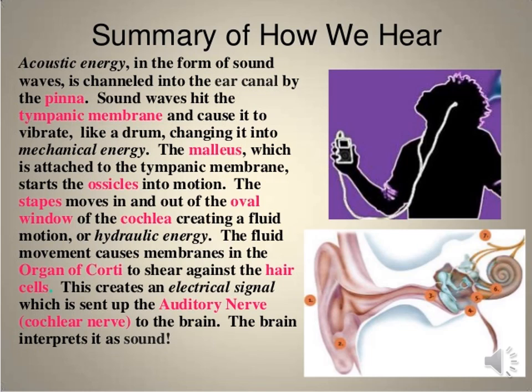The stapes moves in and out of the oval window of the cochlea, creating fluid motion, or hydraulic energy. The fluid movement causes the membrane in the organ of Corti to shear against the hair cells. This creates an electrical signal which is sent up the auditory nerve, the cochlear nerve, to the brain. The brain interprets it as sound.